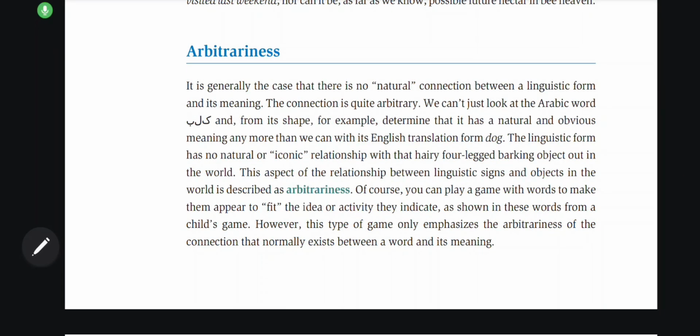Now, the second property is arbitrariness. It is generally the case that there is no natural connection between a linguistic form and its meaning. The connection is quite arbitrary. We cannot just look at the Arabic word kelp and from its shape tell its meaning.